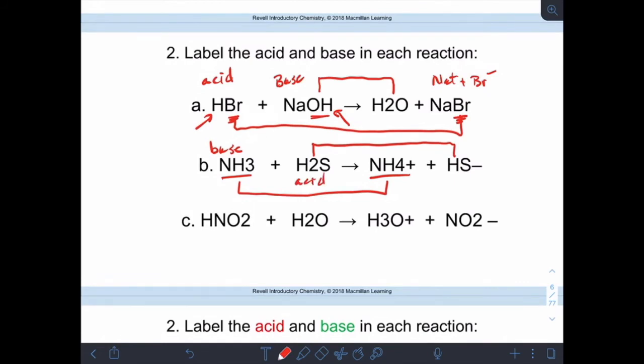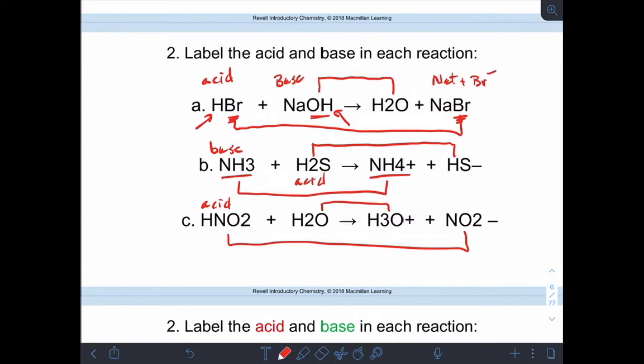Okay. So our next equation, HNO2. Let's find that NO2 on the other side. HNO2 just becomes NO2-, so it has donated a proton, so that makes it my acid. And H2O has become H3O+.